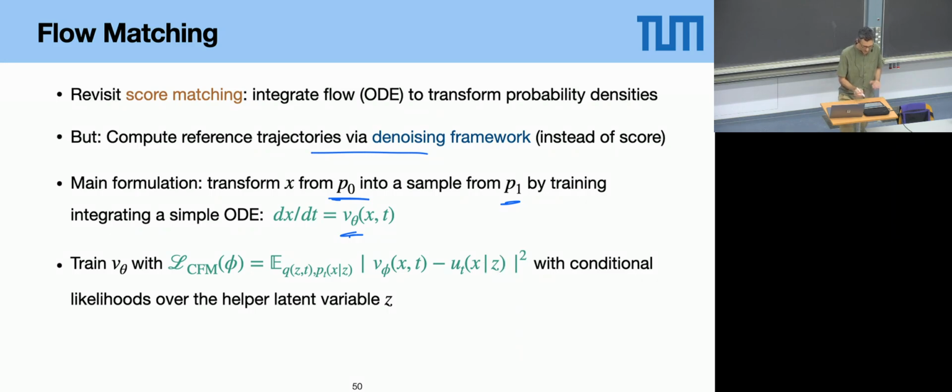Now, so far, this is fairly abstract, so this leaves a lot of open questions. What should these velocities be? Sure, we can train a network for some velocities, but what is our ground truth velocity, the ground truth u here, and how do we connect it to the denoising?